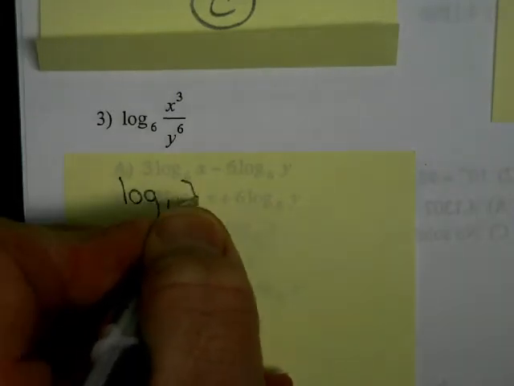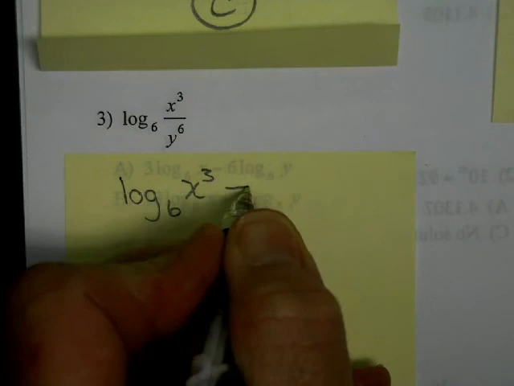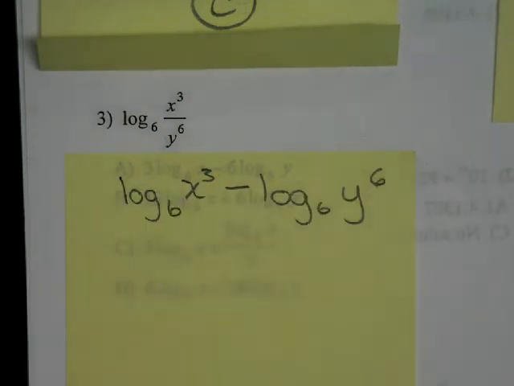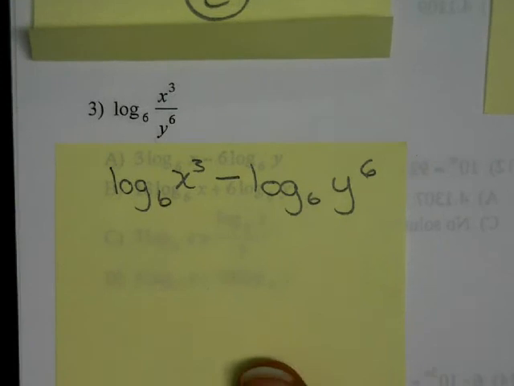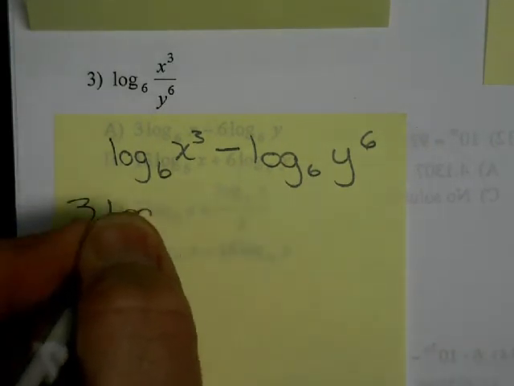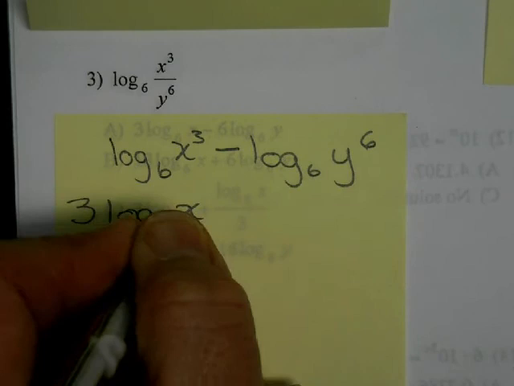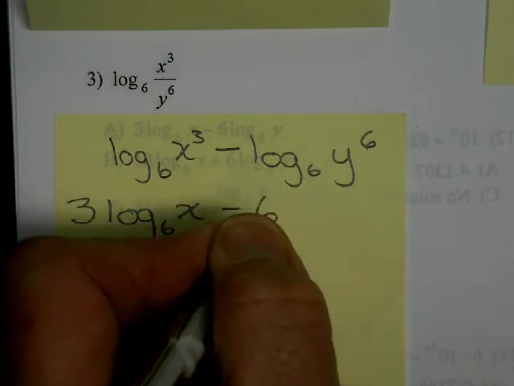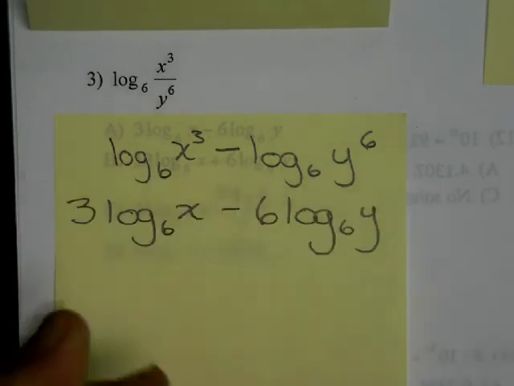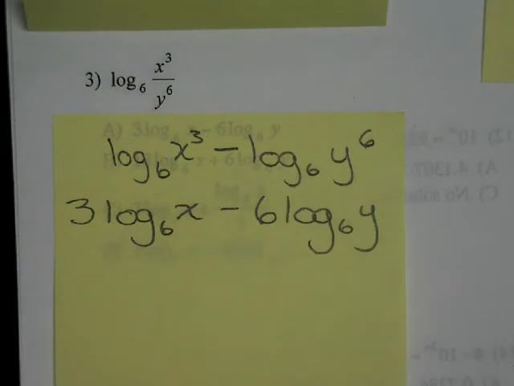So I have to take log base 6 of the numerator minus log base 6 of the denominator. Then the powers become the multipliers. And as you look through the choices, that doesn't hurt anything, but it's kind of nice to do it without choices. So they won't trick you and put doubt in your mind.